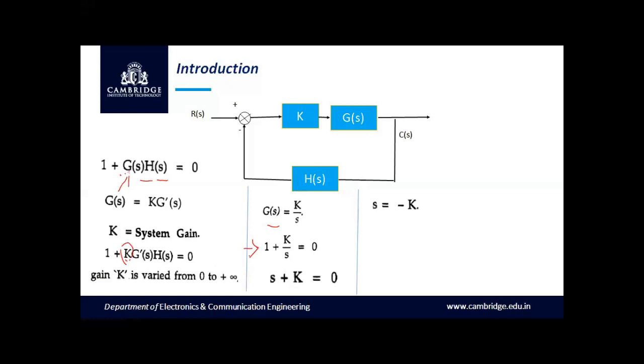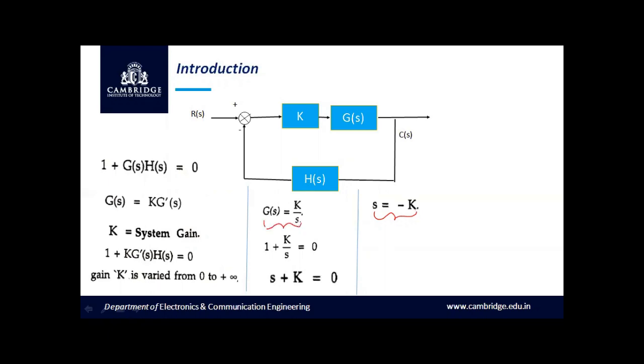Once after taking plus K towards the right side, I get s is equal to minus K. Hence, the root of this characteristic equation is located exactly at s is equal to minus K. If the gain K is varied from 0 to plus infinity, the location of this root is going to change.